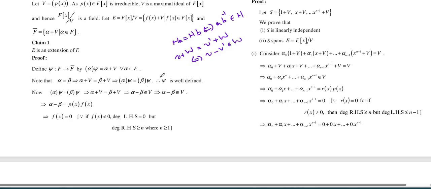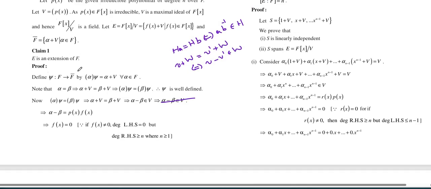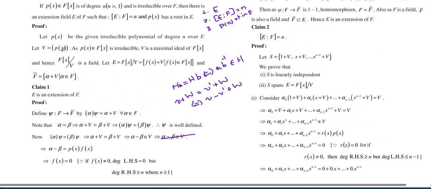So you can write alpha minus beta equal to p(x) f(x). Why is it so? Because V is generated by p(x). We have taken V to be generated by p(x), so any element belonging to it should only be of this form. Now this one is of degree 0 and here you have this to be of degree n.